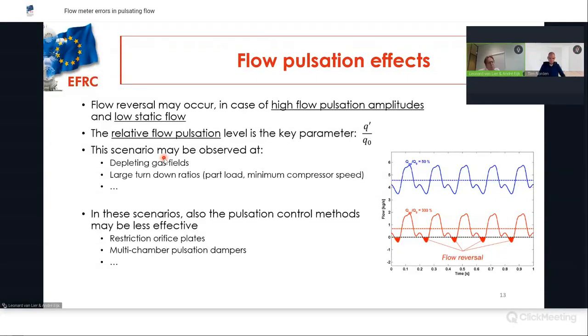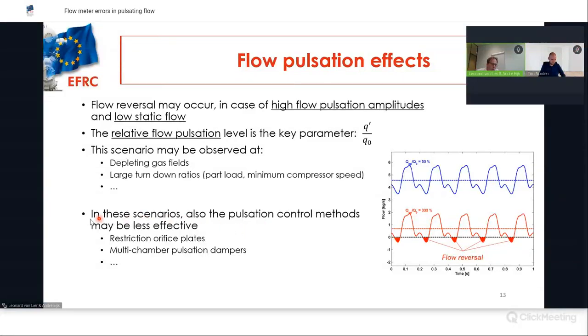So this scenario can be found, for example, in depleting gas fields, when the flow of the gas is slowly going down over the years. Then you can end up in a situation that you reach these conditions. But it can also happen in systems with a very large turn-down ratio. So if you run a system at 10% of its capacity or even lower, you can have this. And also it's noteworthy that in these cases, when you have a very low flow, your pulsation control methods may be less effective.